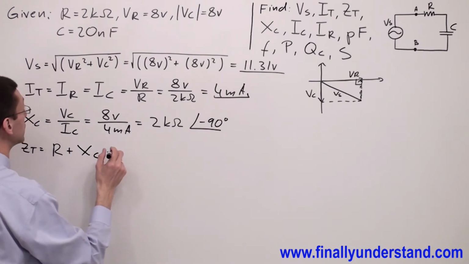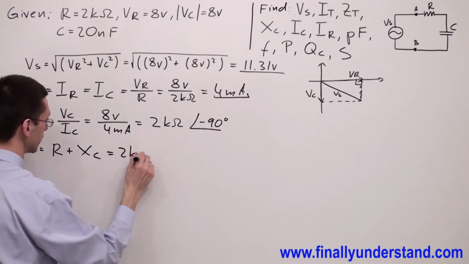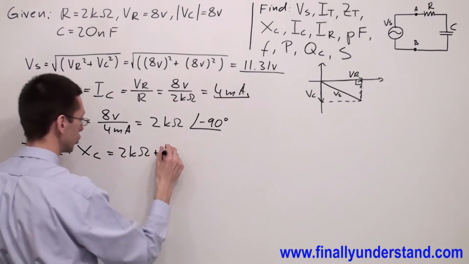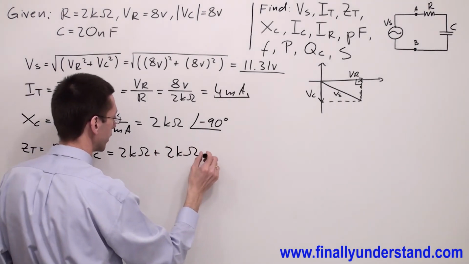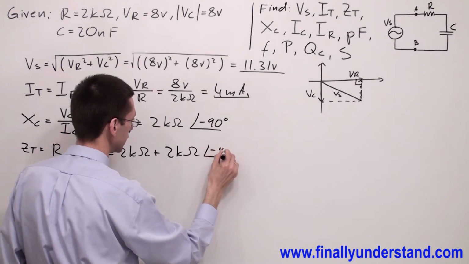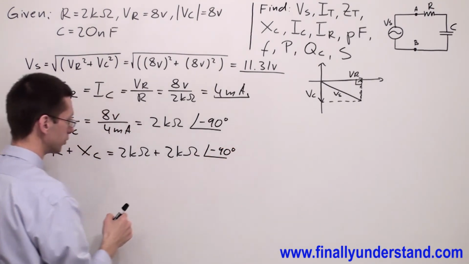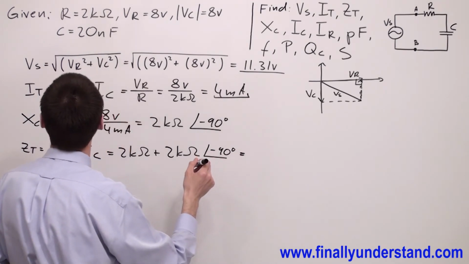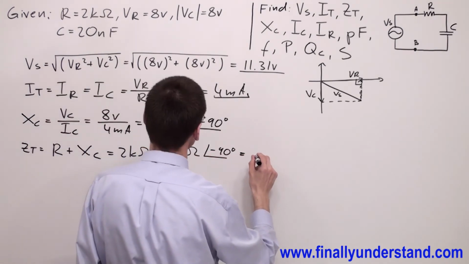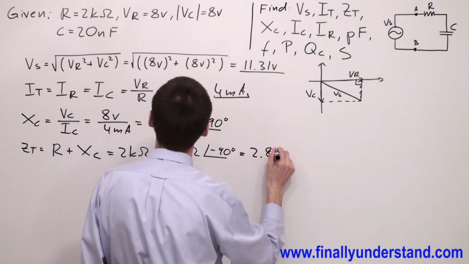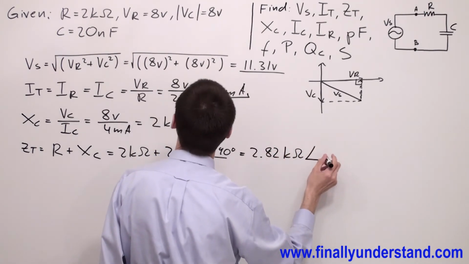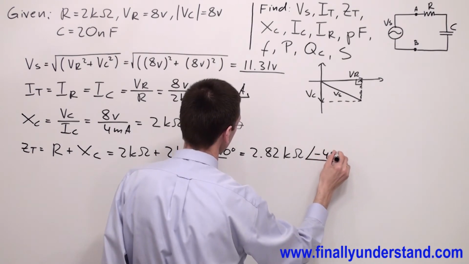So I have resistance equal to 2 kilo ohms plus capacitive reactance 2 kilo ohms at an angle of negative 90 degrees. Remember, you cannot forget about the angle. Use the calculator and you're supposed to get the value of 2.82 kilo ohms and an angle of negative 45 degrees.